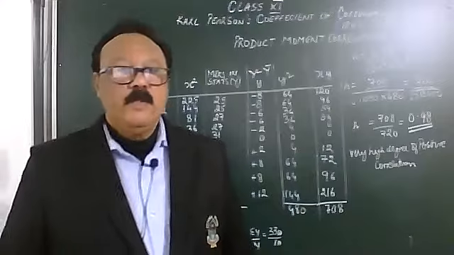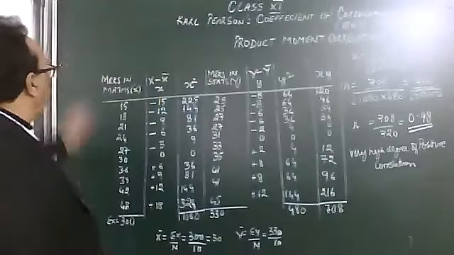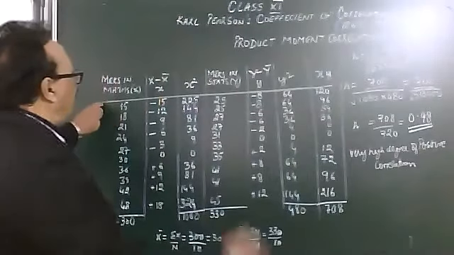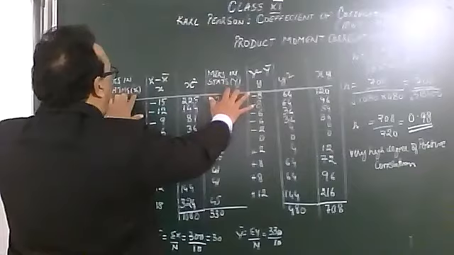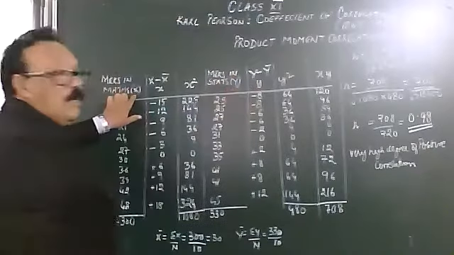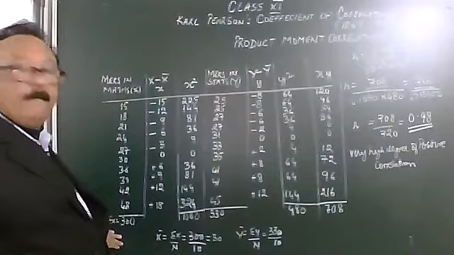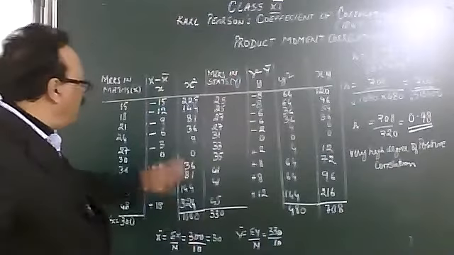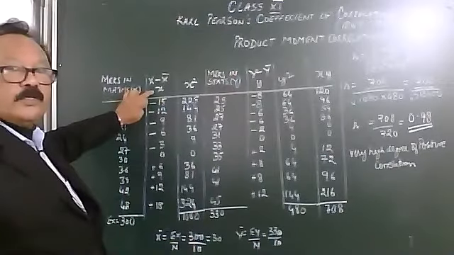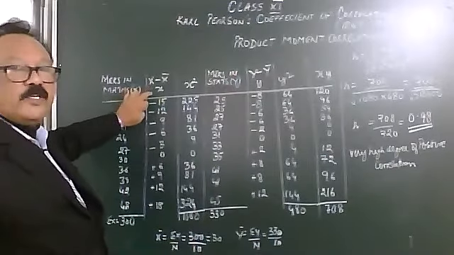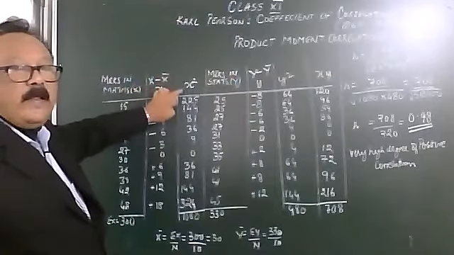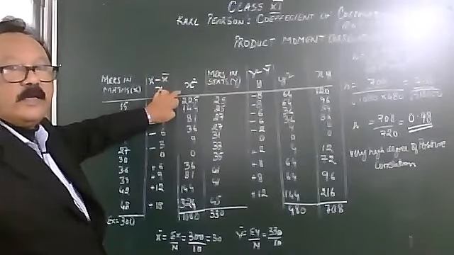This is the data. So what will you do, children? Birth rate called X, death rate called Y. Find the mean, and from the mean find the deviations. The deviations that you get, square them to remove the signs.